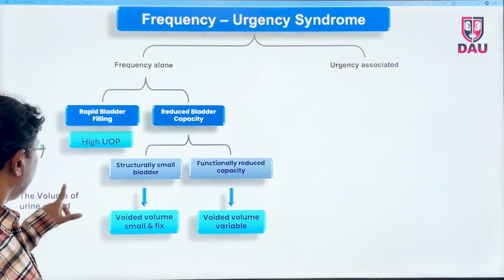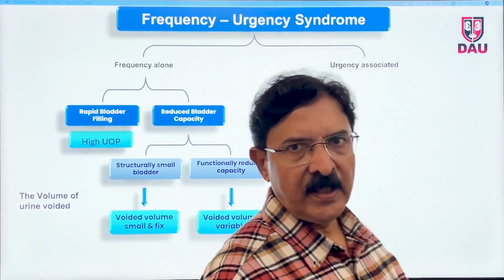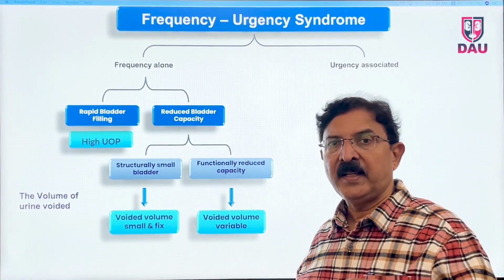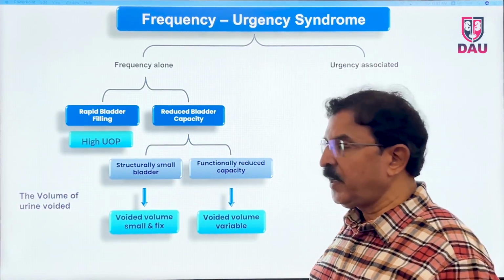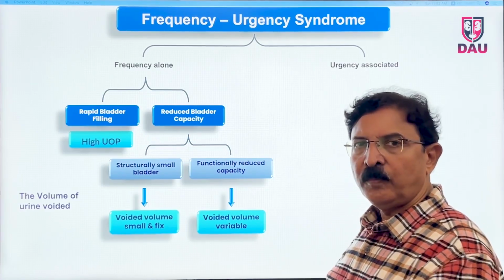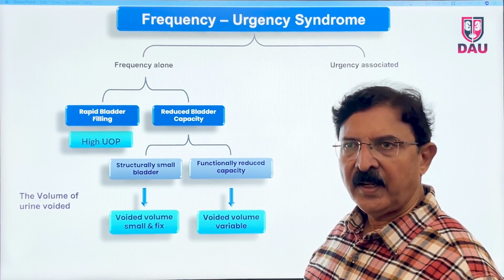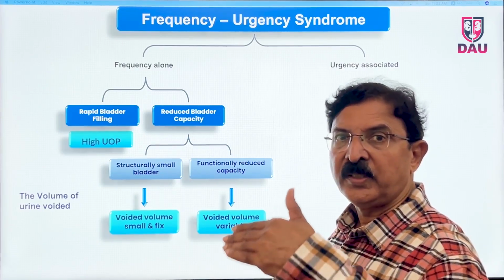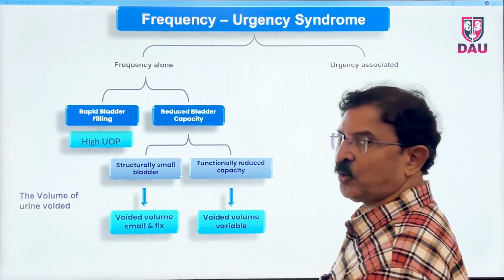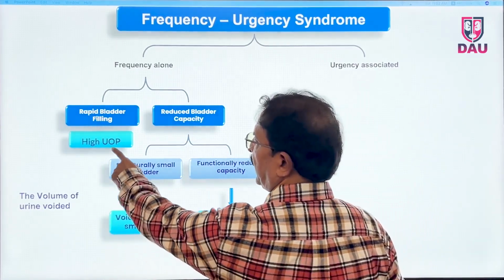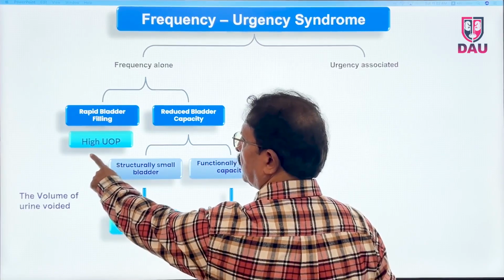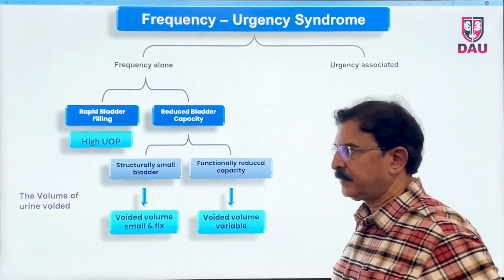If the patient is producing high urinary output in 24 hours, you can find this by monitoring a frequency volume chart. Ask her to go home and come back in a day or two with a record of how many times she voided and the amount of urine voided during each act of urination. This is called frequency volume charting. By that, if the patient has high urinary output, it is not UTI.